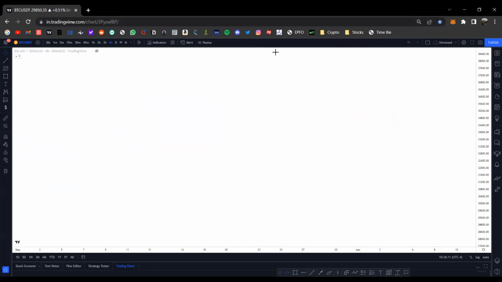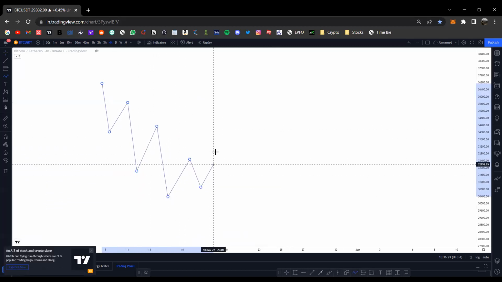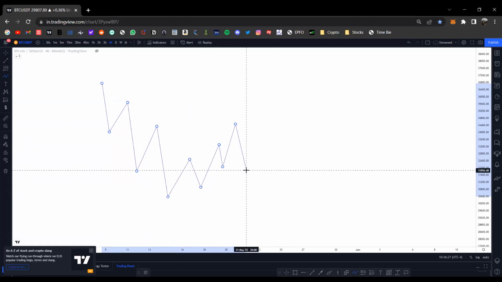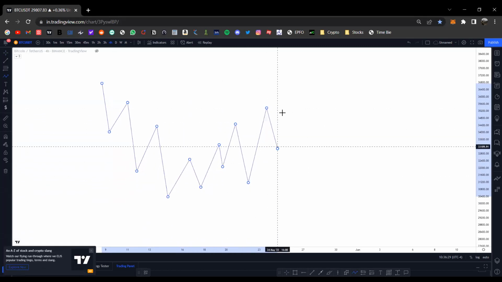So that's how I choose my point of interest. And there is one more thing. You see if price is making lower low, lower high, lower low, lower high, lower low, lower high. After making this last lower low, price makes higher high, higher low, higher high, higher low, higher high, higher low.